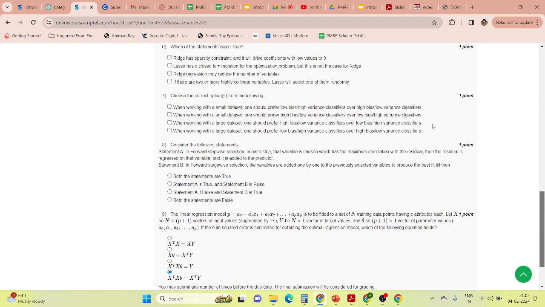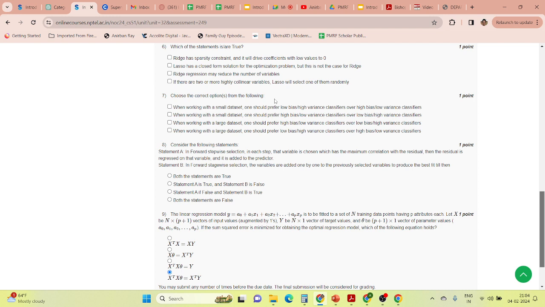And question number 7, when only working on a small data set. What happens if you have a lot of data? Then you'll generalize better, even with a complicated phi.